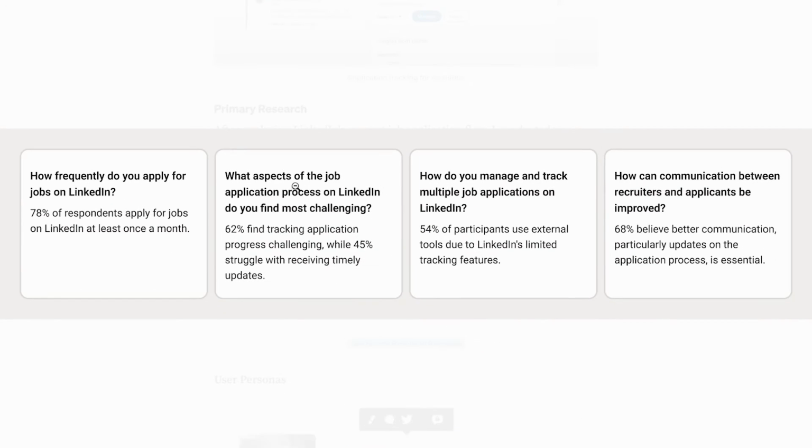So when you say what aspects of the application process do you find challenging, this makes me feel that the process of applying to a company, which is probably filling out information, which is identifying information of the company, that is the application process. The application process ends after applying. So now here again, the question is, how do you manage and track applications on LinkedIn?